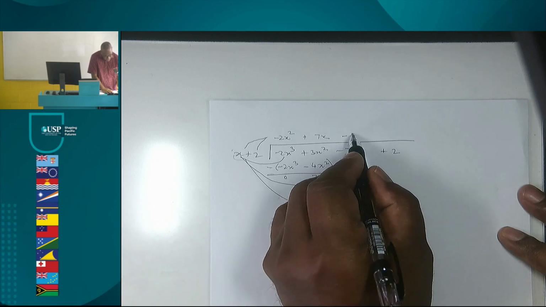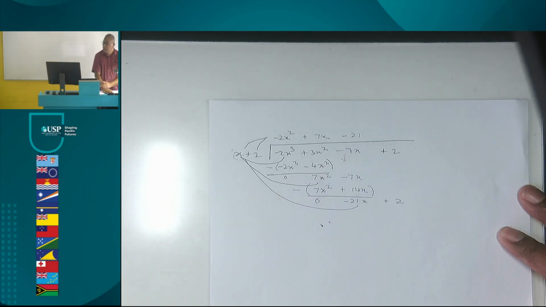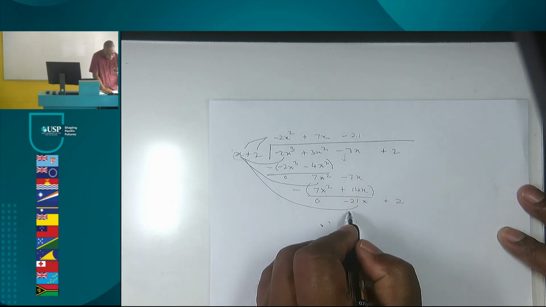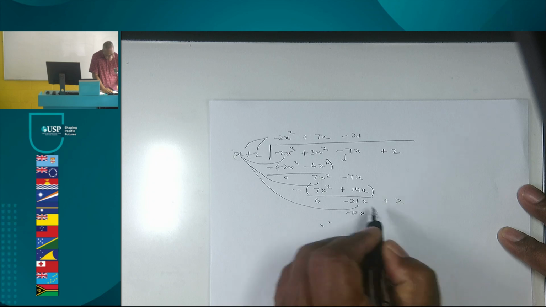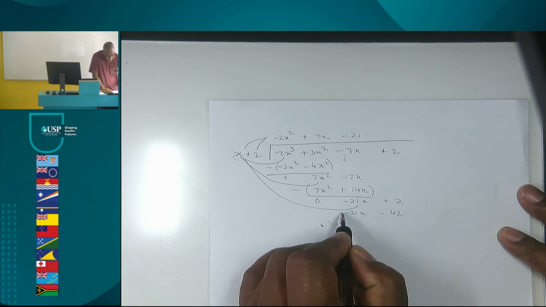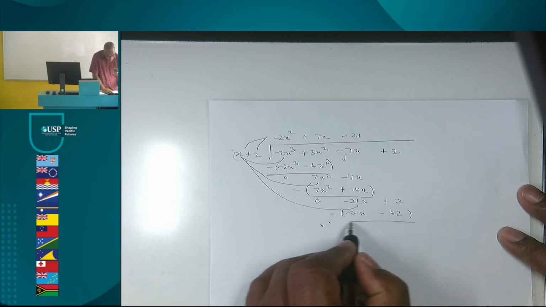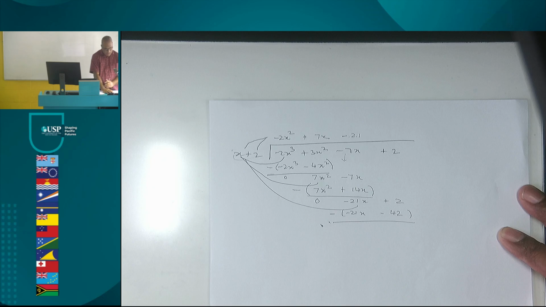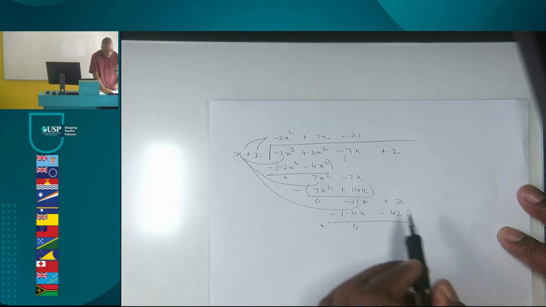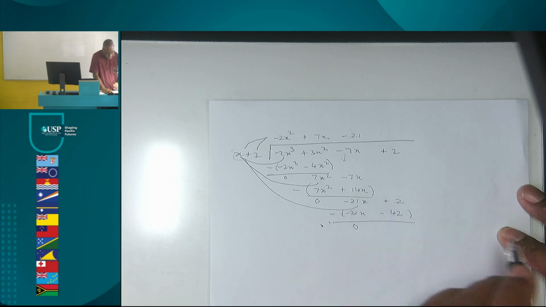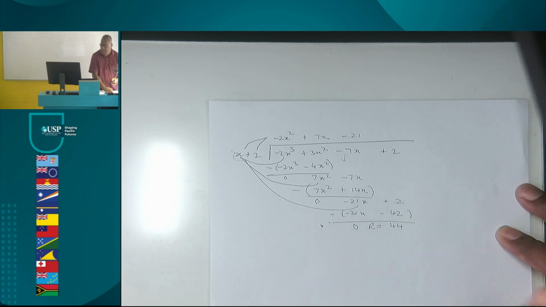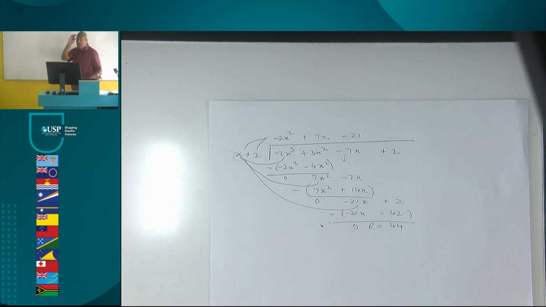That gives us minus 21. And we're multiplying minus 21 to both. Minus 21 times 2. What do we get? Minus 21x minus a negative 21x. 2 minus a negative 42. Was that the remainder we got with the remainder theorem? Yes.